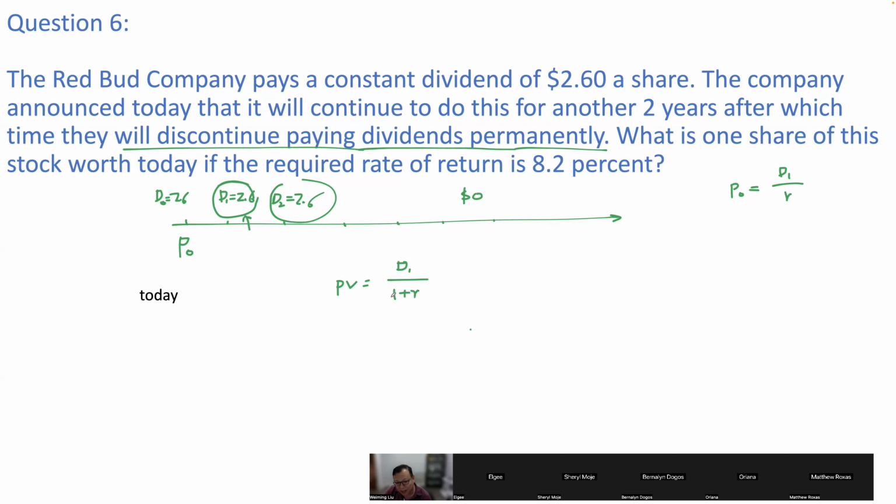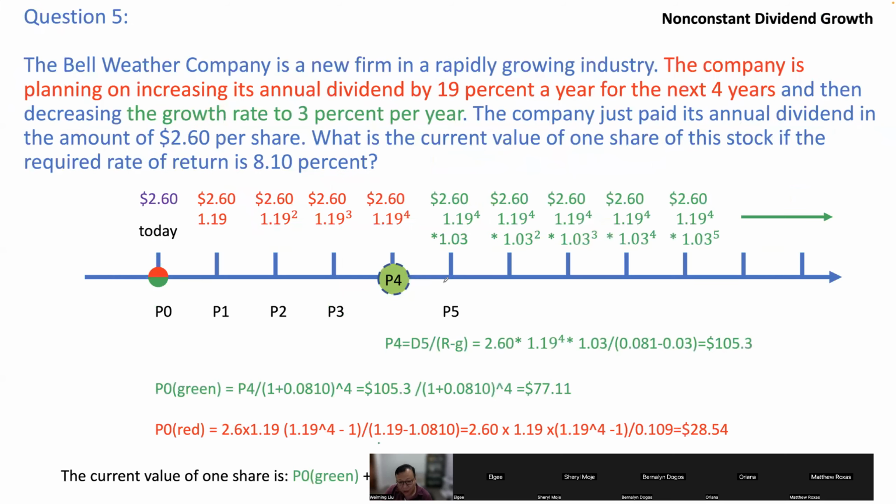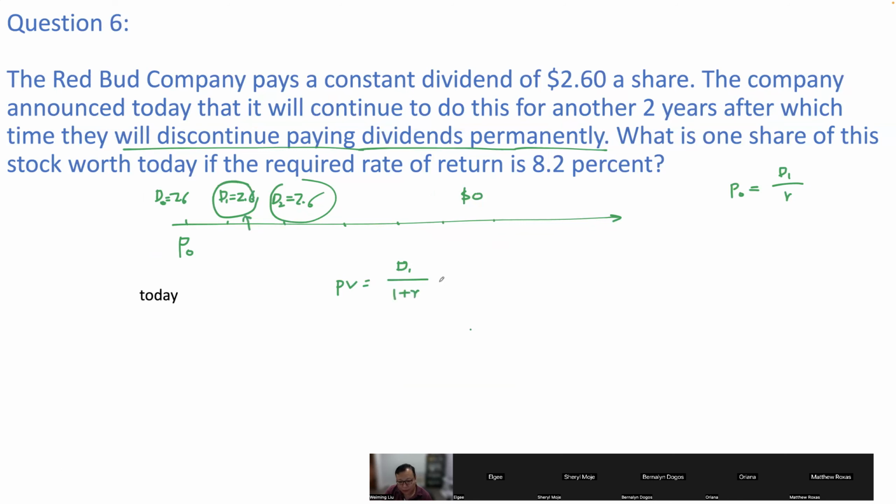What about year 2, plus the D2 here, divided by what? There are 2 years, so you divide by 1 plus r to the power of 2.